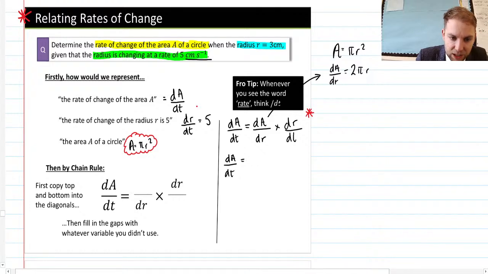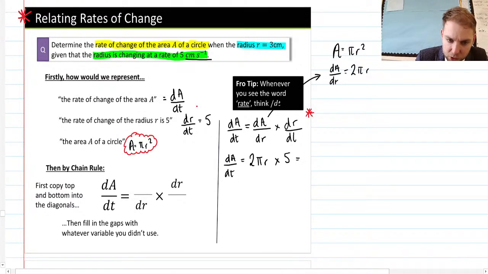So then I can say this is equal to 2 pi r times by dr by dt, which I know is equal to 5. Rate of change of the radius. Just checking that's right. The rate of change of the radius. Yeah, good. So times by 5.